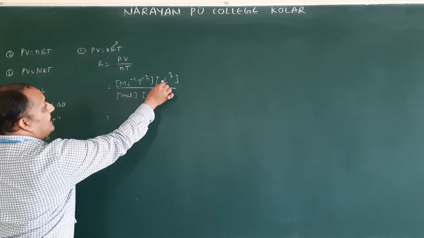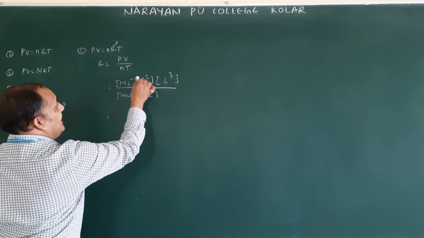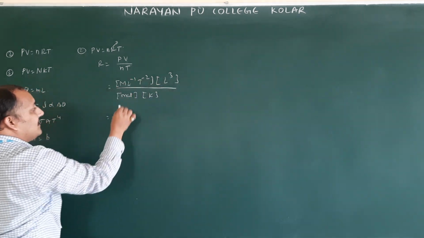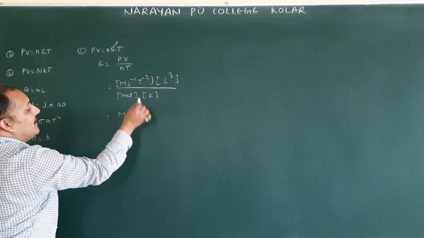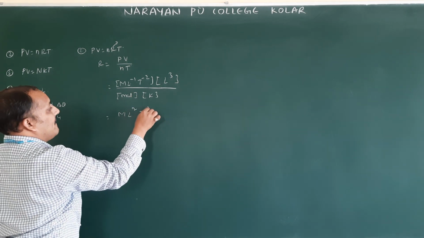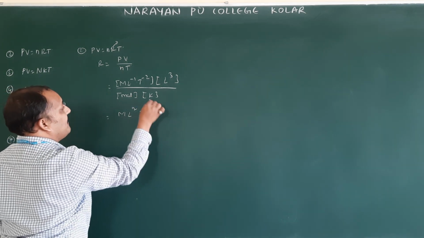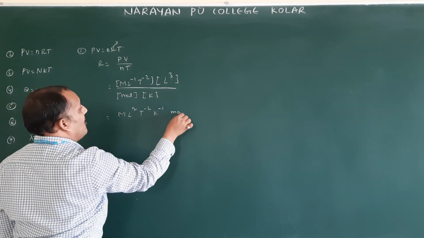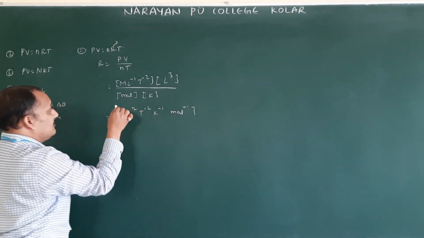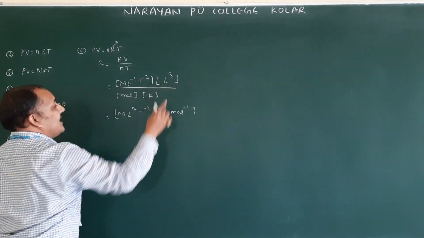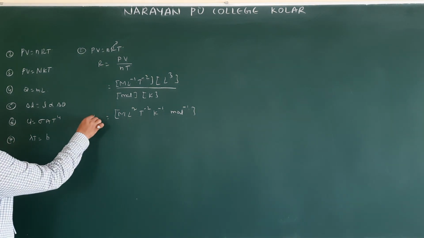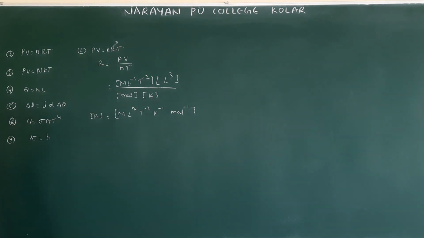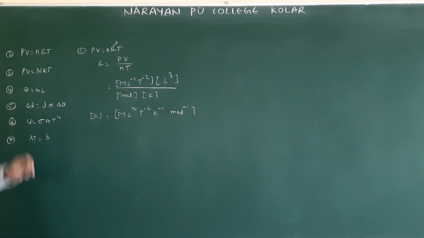So M, here L cube, here L power minus 1, 3 minus 1, 2. M L square T power minus 2 K power minus 1 mole power minus 1. This mole and K are going to the numerator. This is the dimensional formula for gas constant capital R.